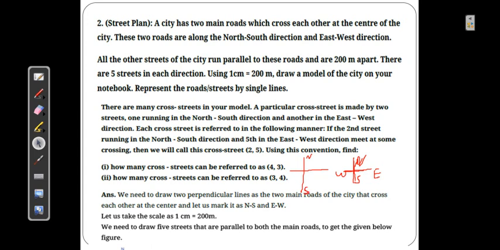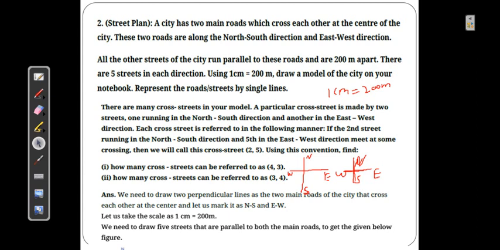All the other streets of the city run parallel to these roads and are 200 meters apart. There are 5 streets in each direction. Using the scale 1 centimeter equals 200 meters, draw the model of the city in your notebook. Represent the streets by single lines. There are many cross streets in your model.